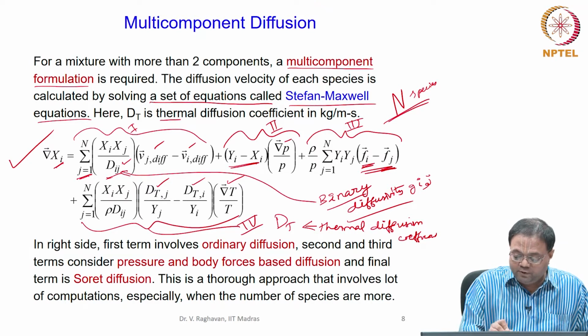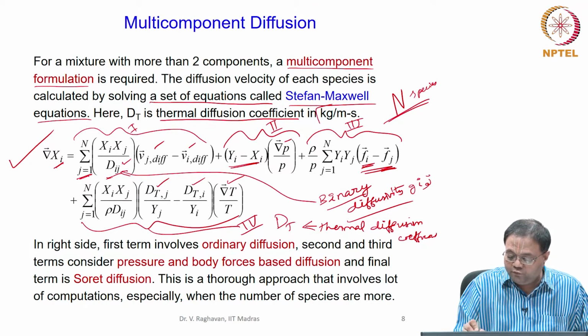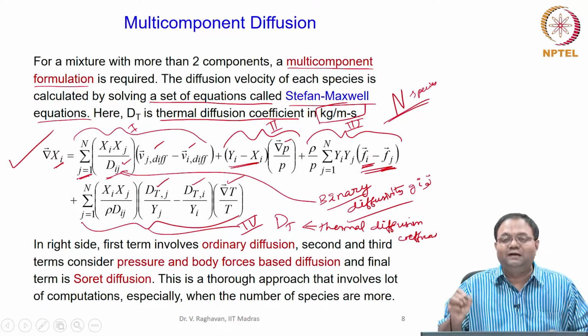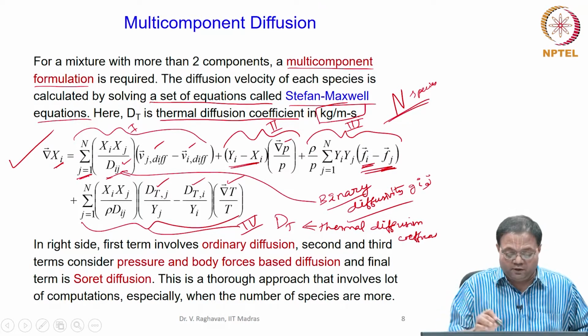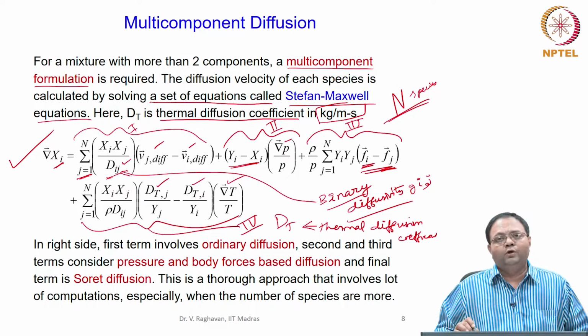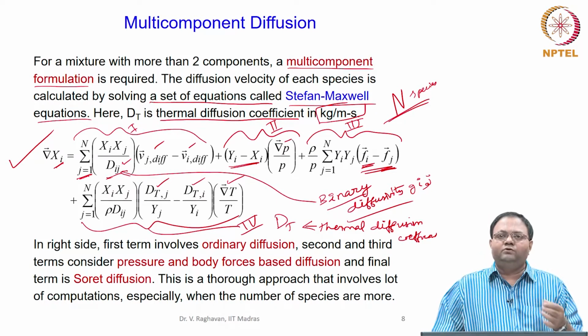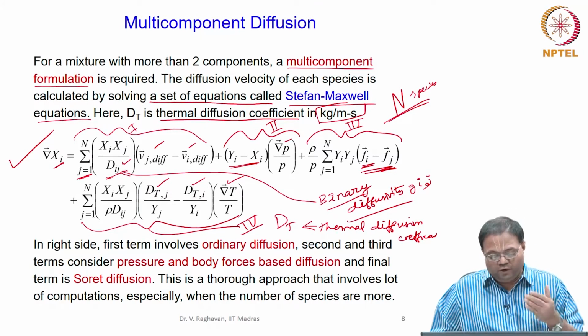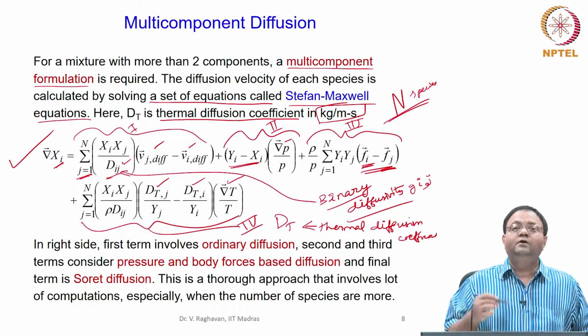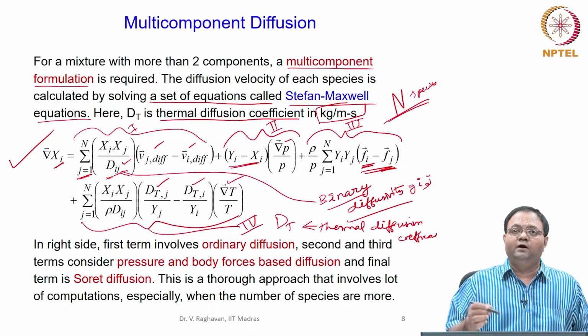This has a unit of kg per meter second. Again, we have to use some correlations, and it is not so easy to really get the characteristic value of DT. For any species i and j, please understand, you have to calculate this based upon the species.